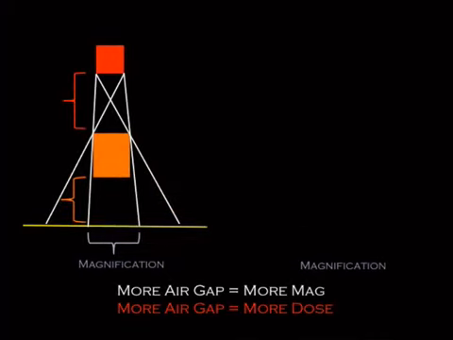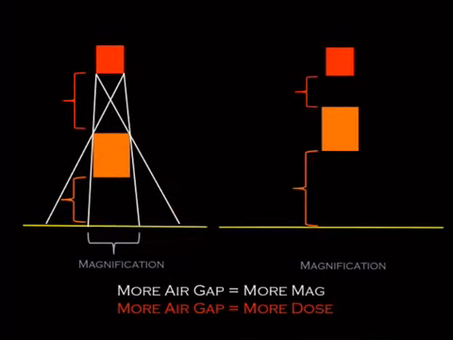Now, for magnification, it's done with a smaller focal spot, a smaller paddle, and no grid. Instead, an air gap technique is used. If you remember back to this, if we increase the distance between the object and the detector, that will increase the magnification.